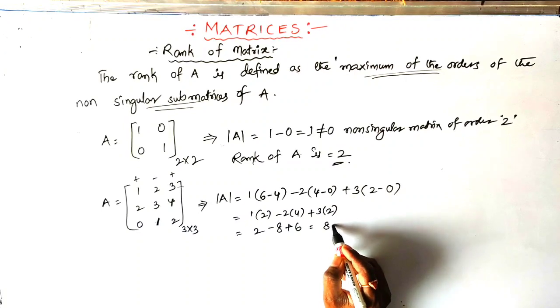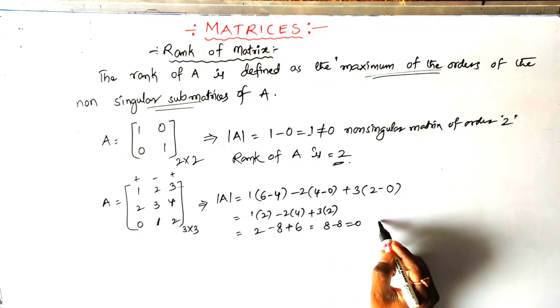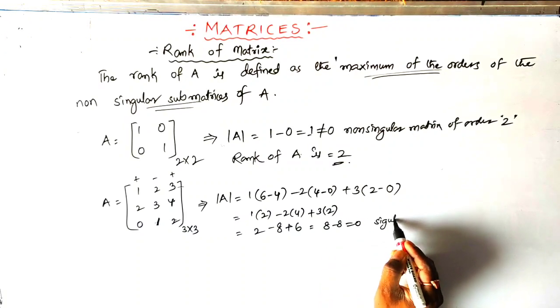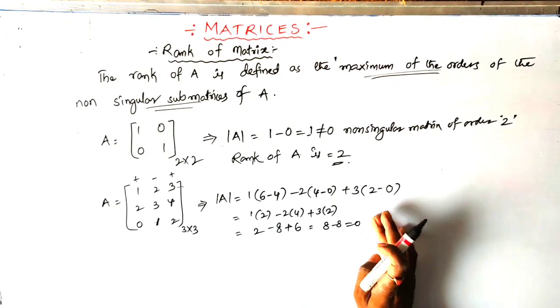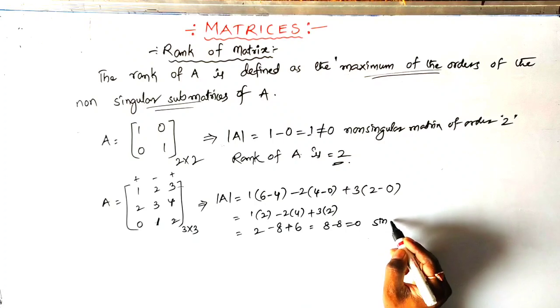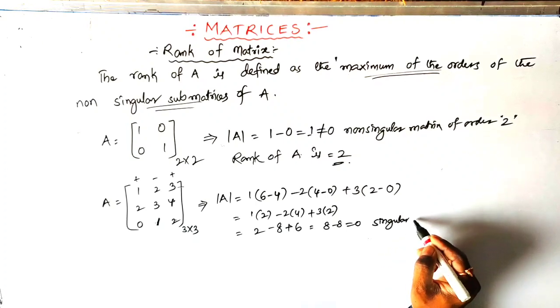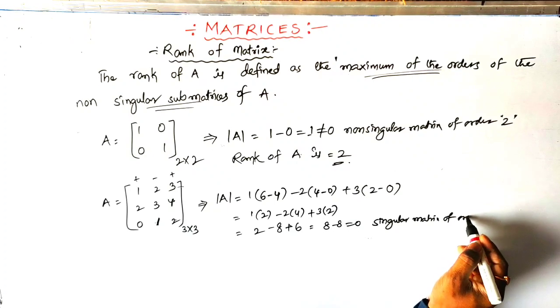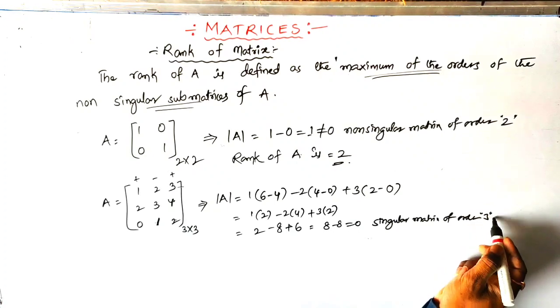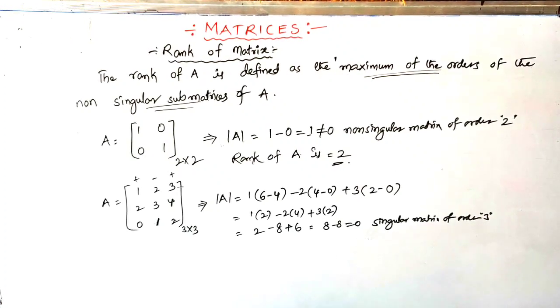So we get 8 minus 8, that is 0. So this is a singular matrix of order 3.